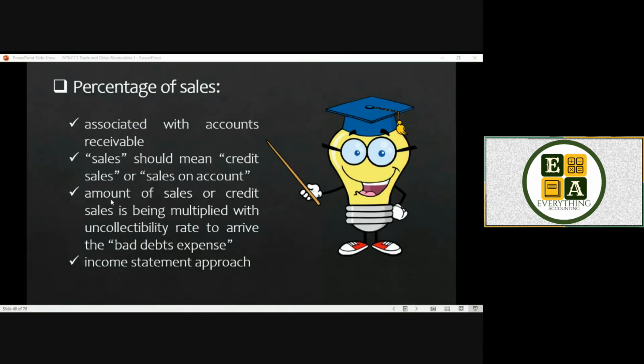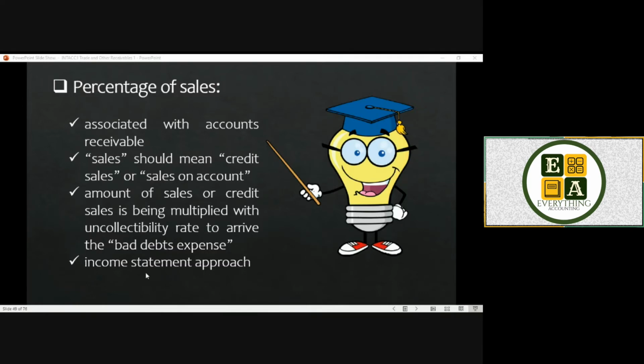Okay. Last is percentage of sales. Yung percentage of sales naman, in contrast with the first two methods or approaches, income statement approach naman si percentage of sales. The fact na yung kanyang accounts na nai-involve is the credit sales or the sales on account. Okay? Sales, credit sales or sales on account, income statement account yan.